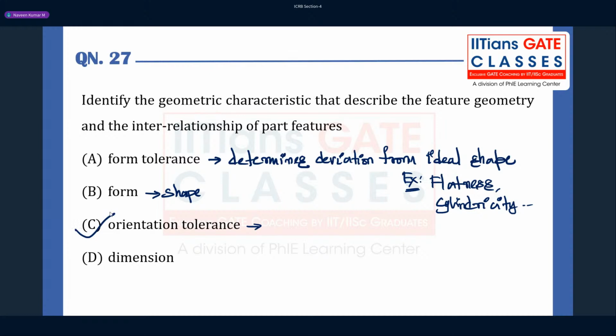It's talking about the feature geometry and the interrelationship between the part features, whether they are perpendicular, angular, or parallel to each other. So when it is talking about perpendicularity, angularity and parallelism, then it is orientation tolerance. Because it's discussing orientation and interrelation of features, I can write the example here: perpendicularity, and so on.